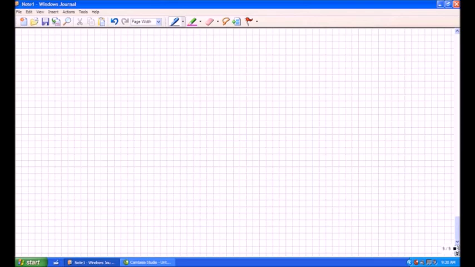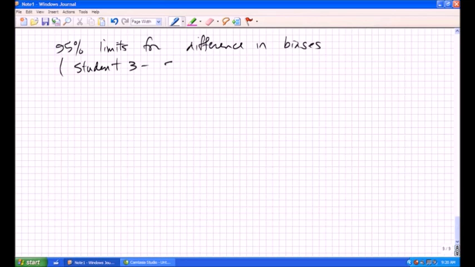Let's make 95% limits for the difference in biases, and for the sake of argument, let's take student 3 minus student 2.